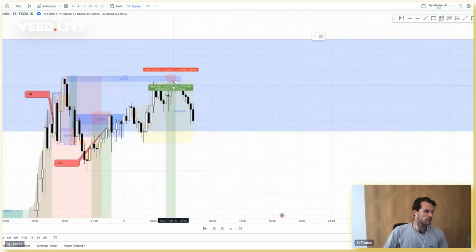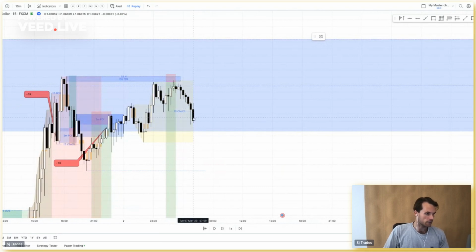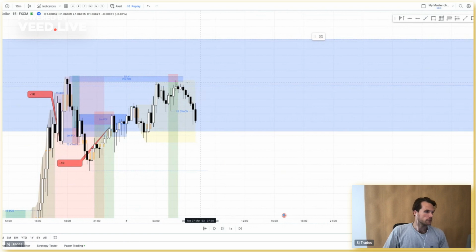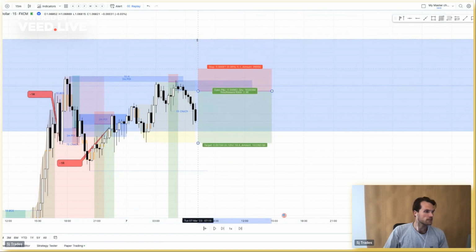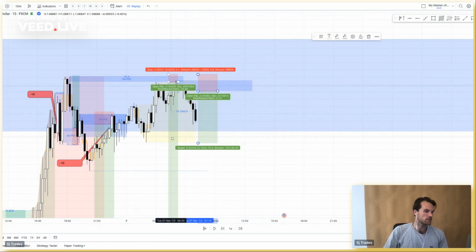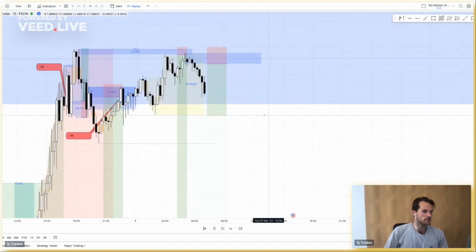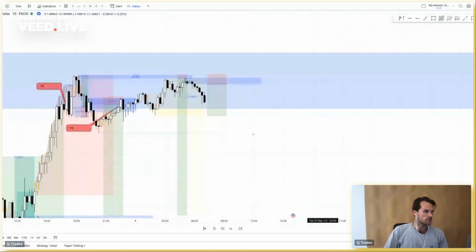If you weren't in this one in Asia, however, what's the time? 7. I think if I was to take this, I would cover the highs just in case of that liquidity sweep. So I pretty much keep my stop loss right where this one's. And I wouldn't be taking this if I was already in this, because pretty much the same target.